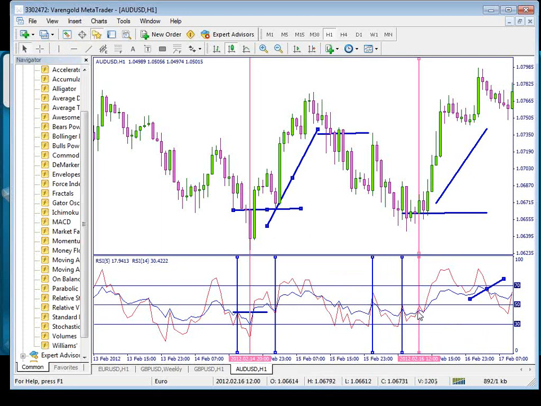And of course, around the signal that we have into 4 hour chart, we have one signal here and the second is around this area.